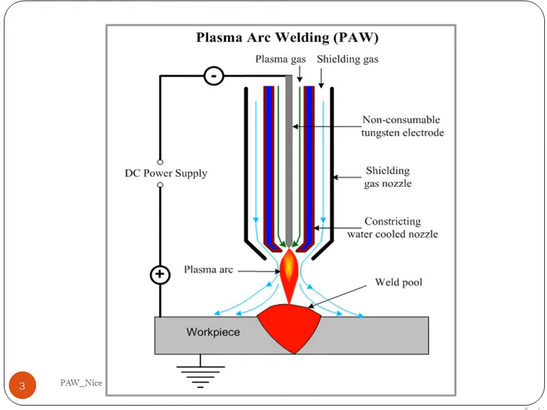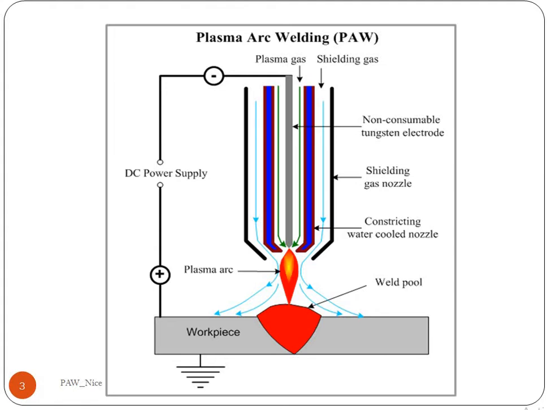When a certain amount of energy is fed to inert gases, electrons are emitted from the atoms. After the emission of the electrons, those atoms are converted into a hot ionized gas.